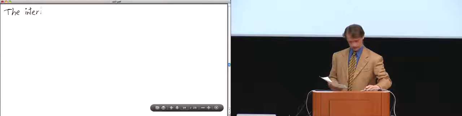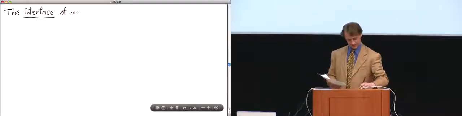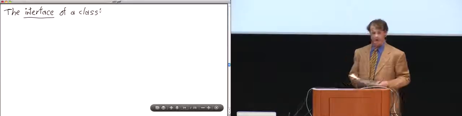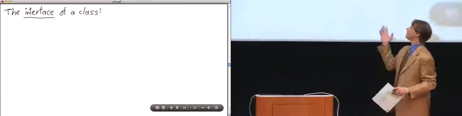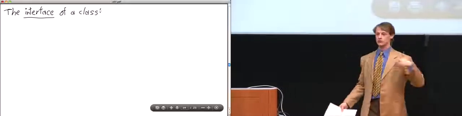So now I want to give you some definitions of terms we want to understand that are related to software engineering. So our first software engineering concepts. Every class has what's called an interface, which is how other classes are supposed to interact with your class.